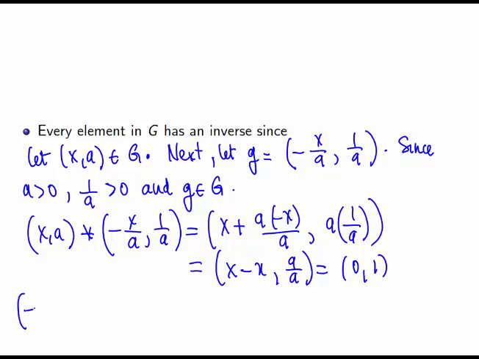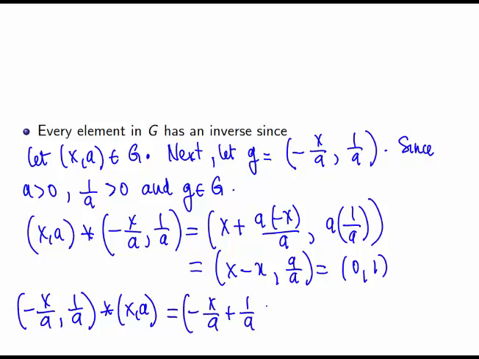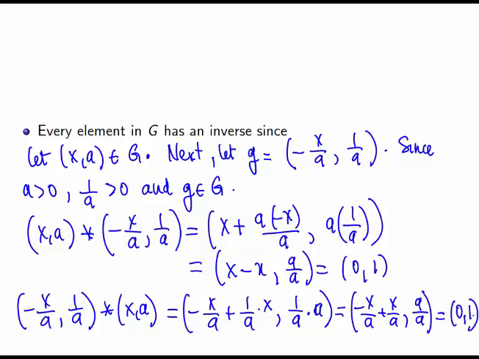On the other hand, if we take (-x/a, 1/a) and we combine it with (x, a), we'll have (-x/a + (1/a)·x, (1/a)·a), and so this will be (-x/a + x/a, a/a), and clearly this is (0, 1).